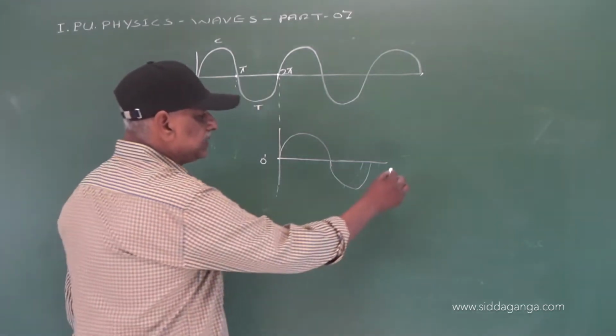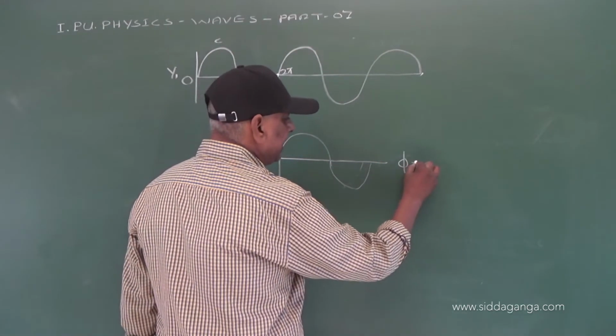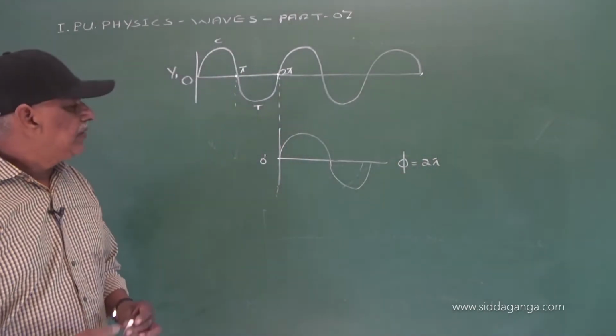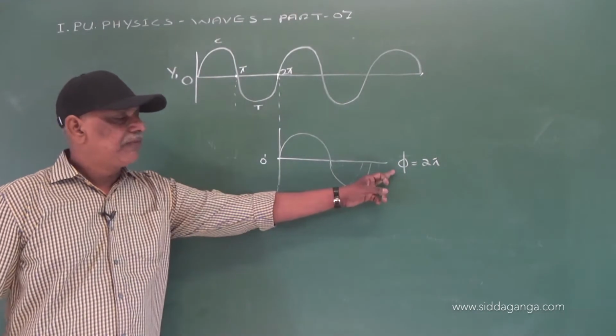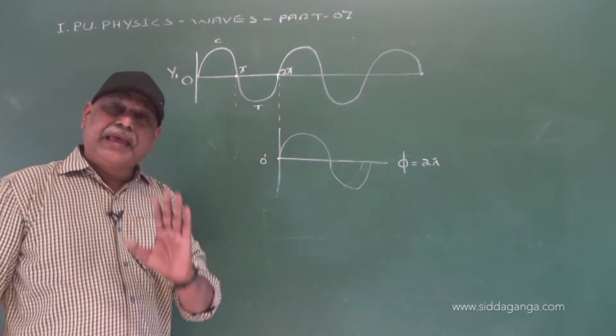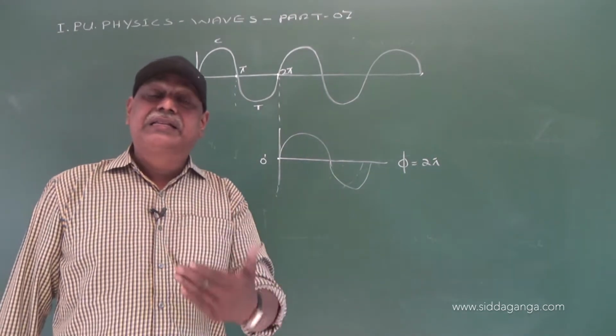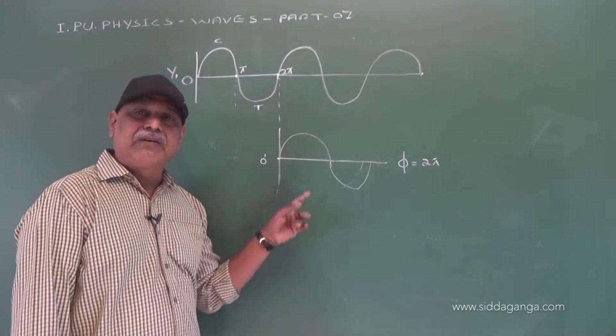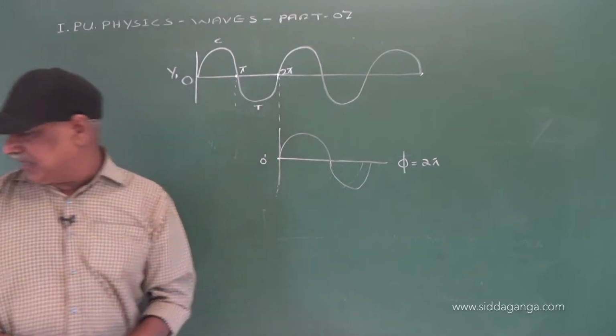So in this case, the phase difference phi is equal to 2 pi. When phase difference phi is equal to 2 pi, again constructive interference takes place. That means crest of one wave falls over the crest of the other wave.